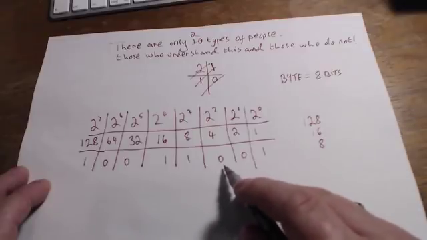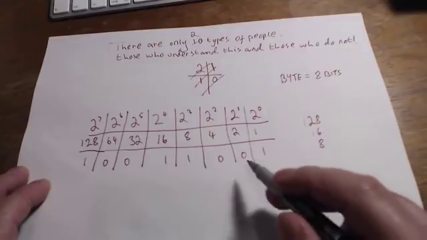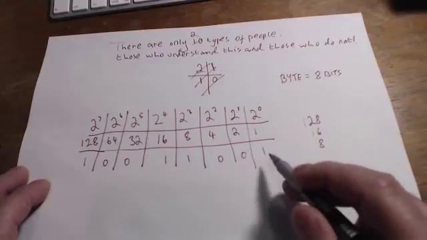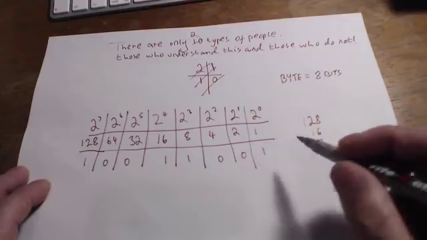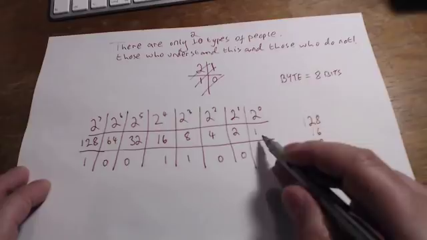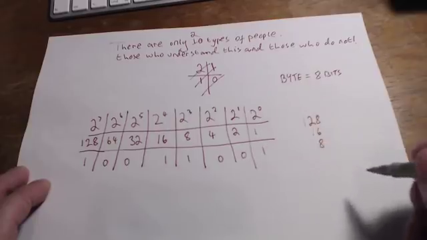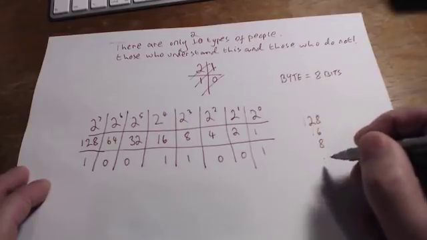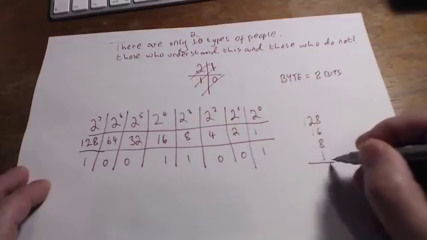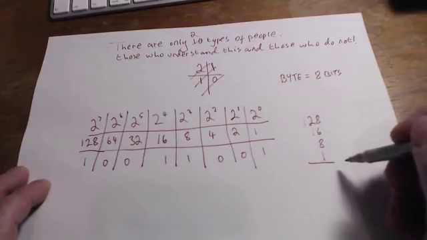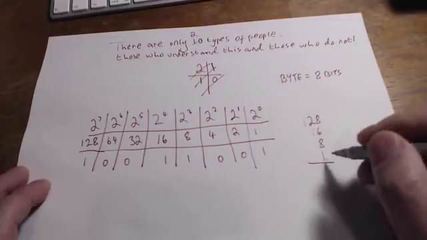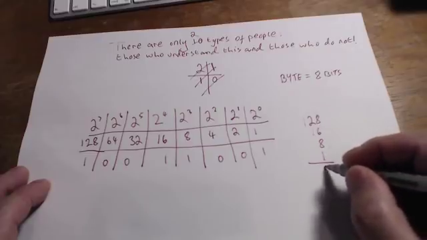There's nothing in the 4 column or 2 to the power of 2. There's nothing in the 2 column or 2 to the power of 1. But there is something in the 1 column, 2 to the power of 0. This is 1, of course. So I'll write that down. So we've got 8 and 6 is 14, and 8 is 22, and 1 is 23.